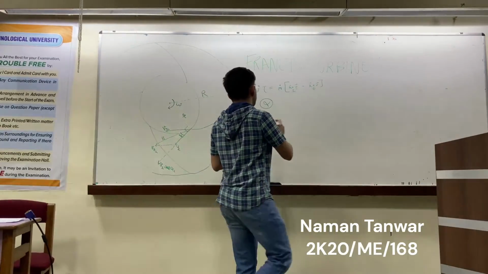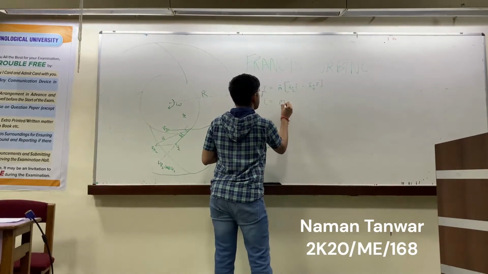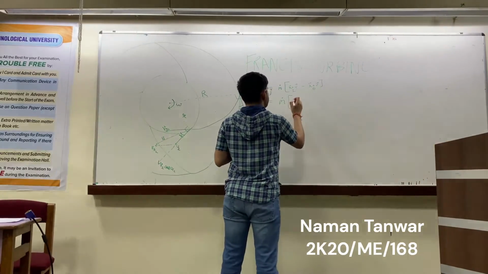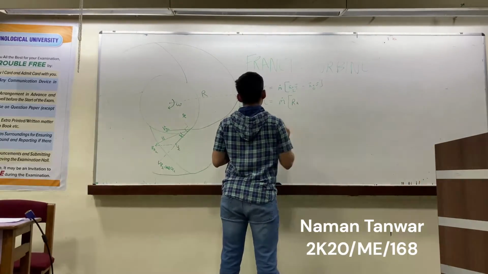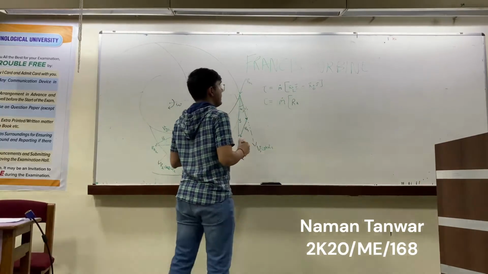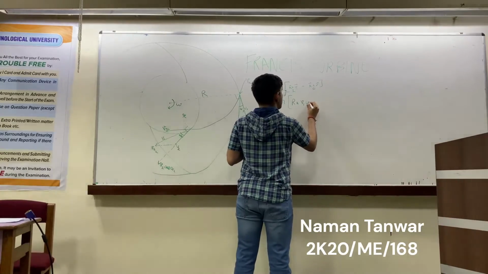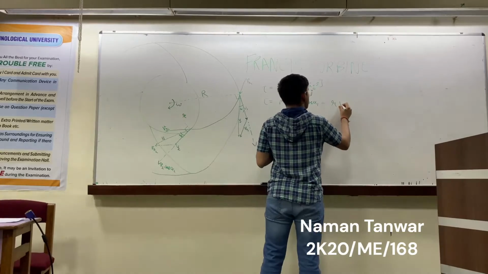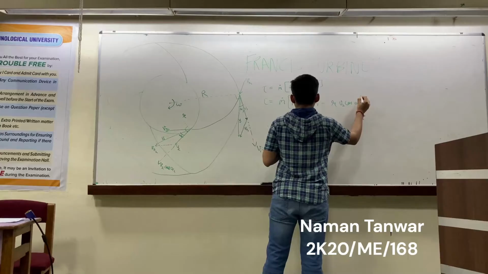Now for this, we will rewrite this expression as m dot, capital R multiplied by, this is not cross, this is multiplication, multiplied by v at inlet, which is v1 cos alpha 1, minus small r v2 cos alpha 2.